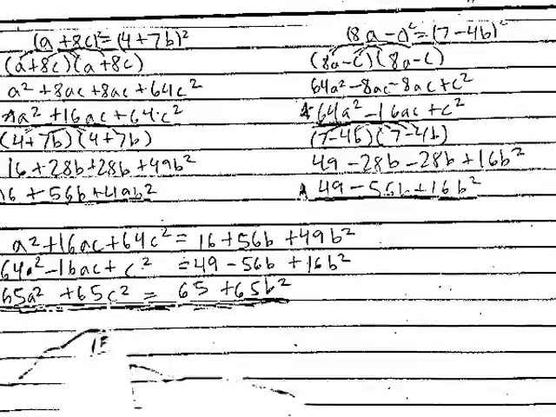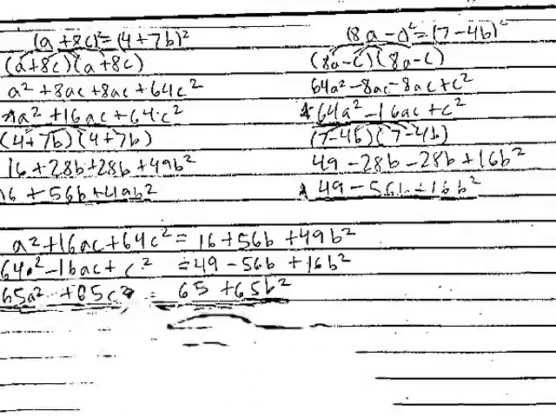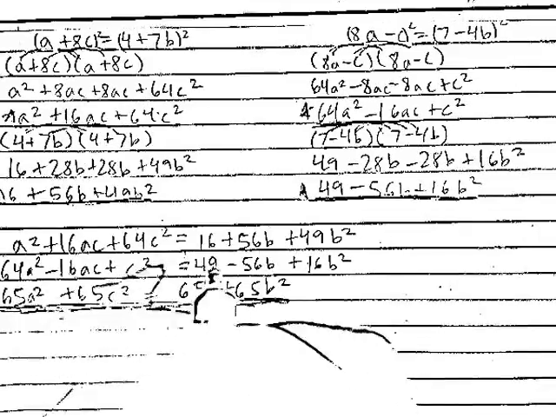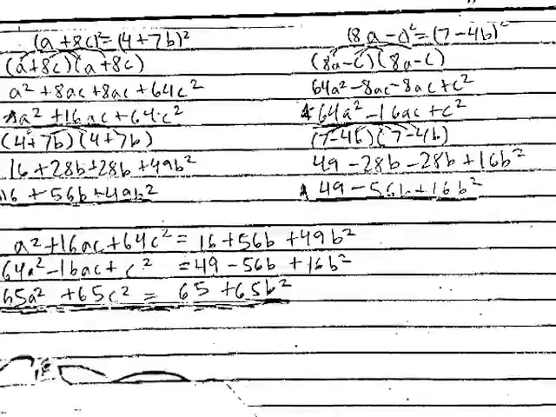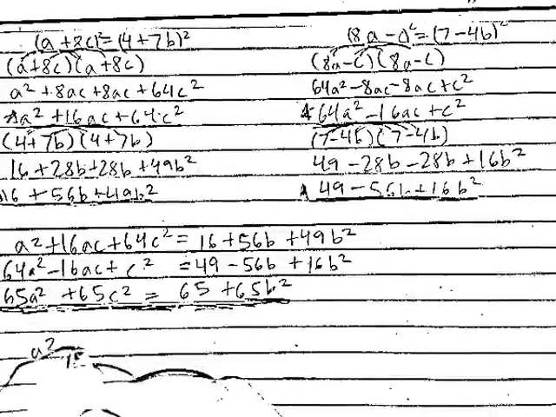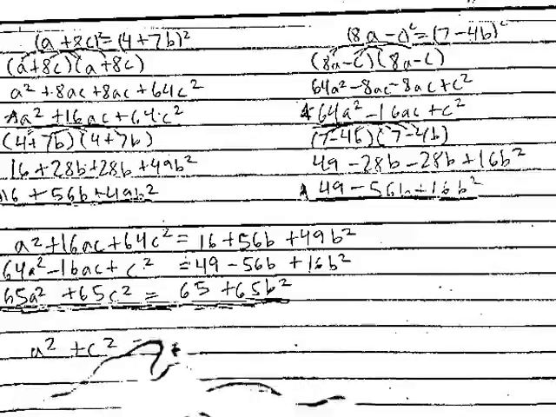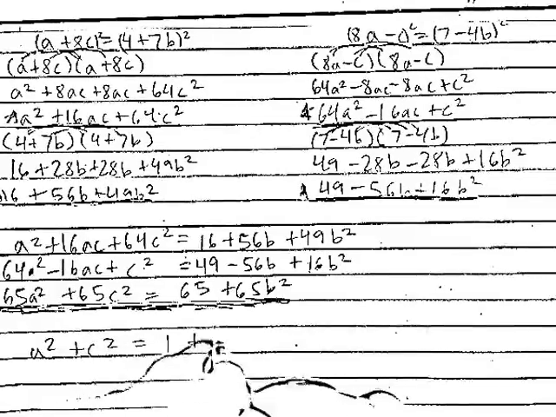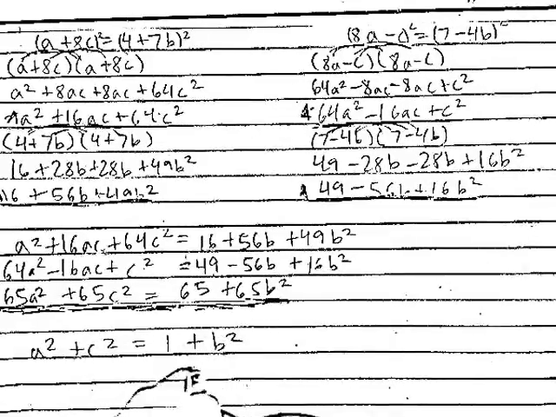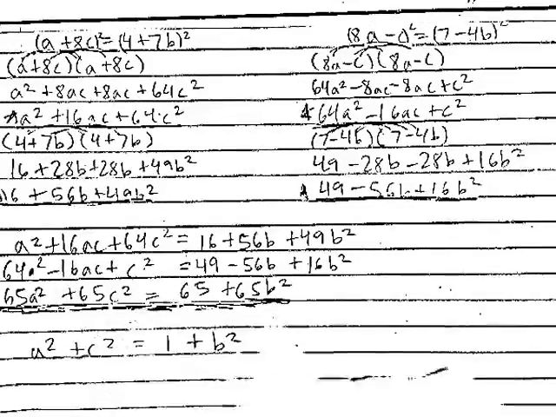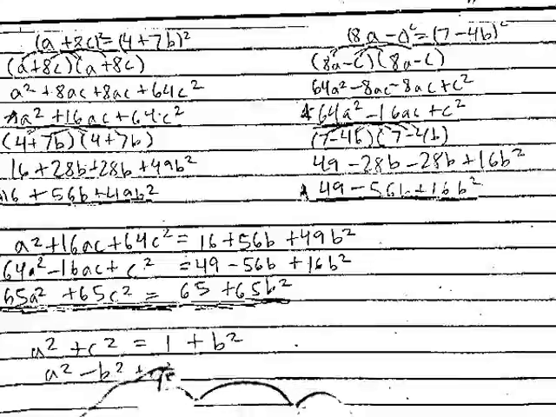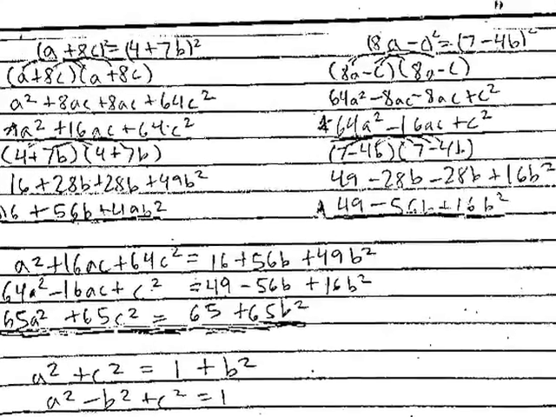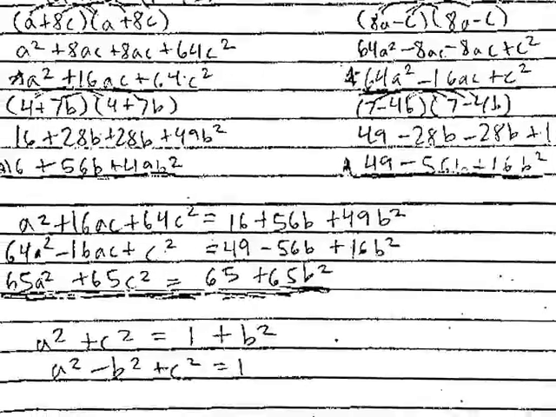So, I'm going to simplify this equation by dividing it by 65. If I divide this equation by 65, I will get a squared plus c squared equals 1 plus b squared. If I subtract b squared from both sides, I will get a squared minus b squared plus c squared equals 1. And there you have it.